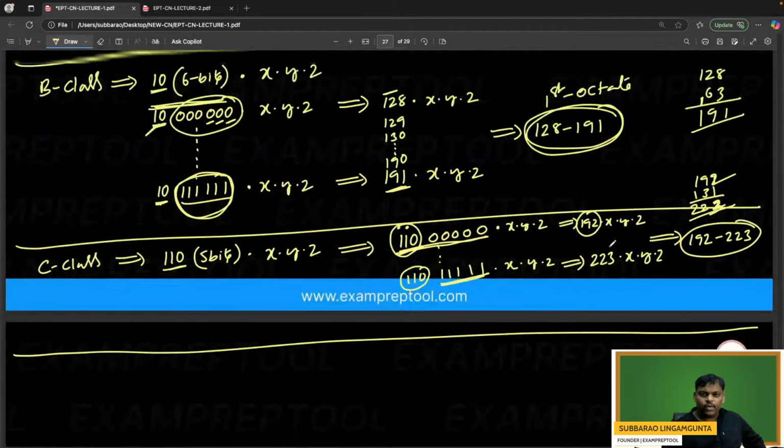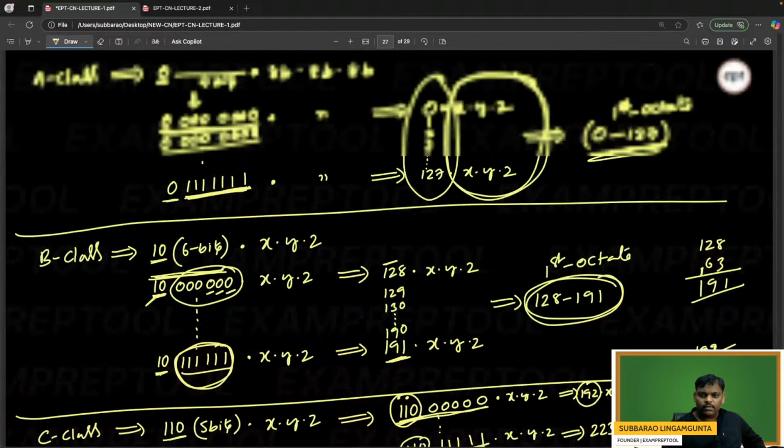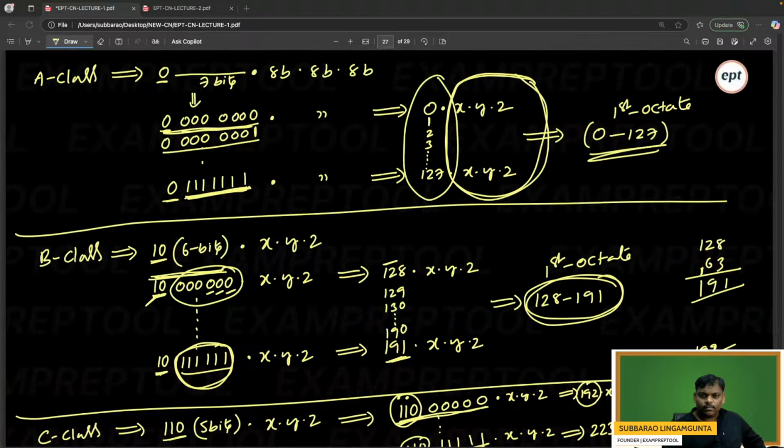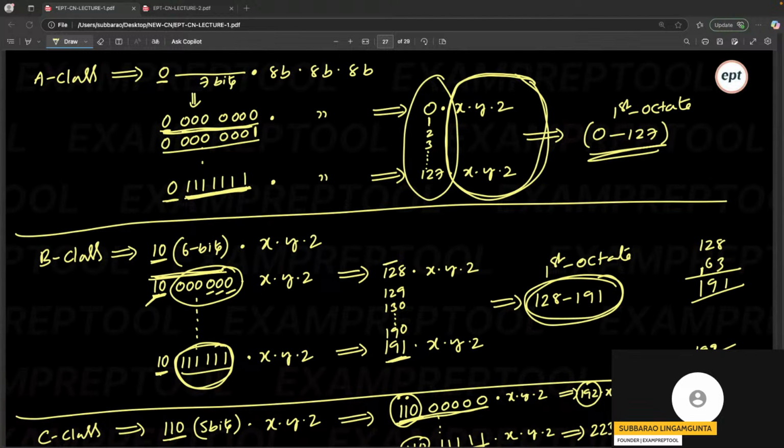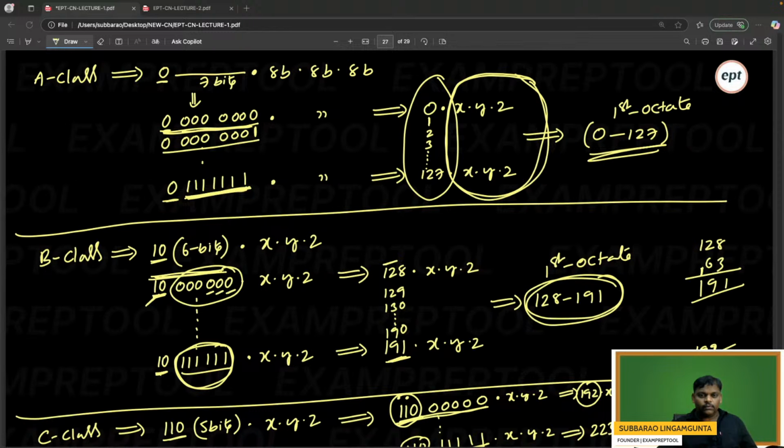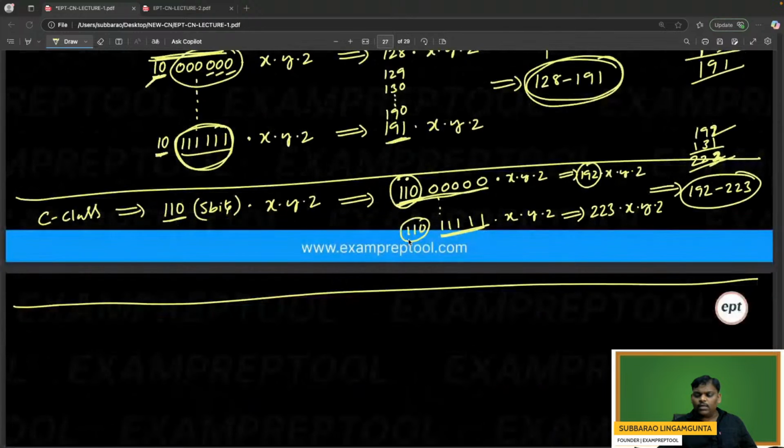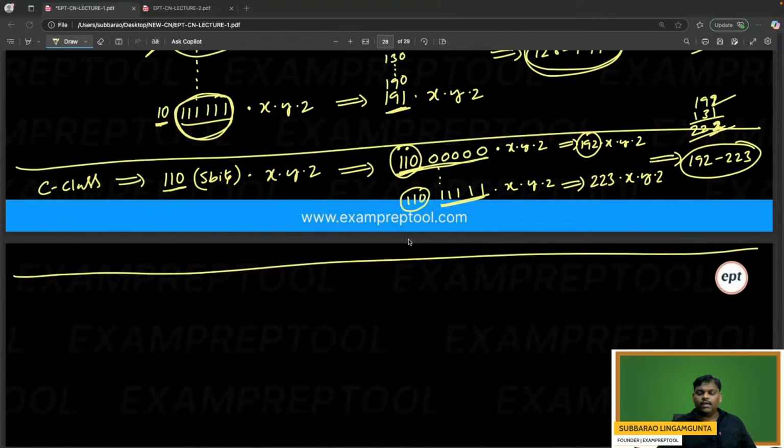Those people who have a small doubt also, please check. If you have a small doubt, please verify. Class C also we have done.